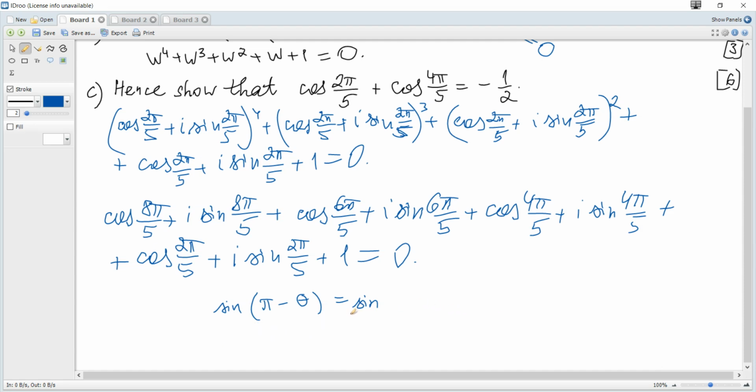So 2 pi here becomes 10 pi over 5. Sine of 8 pi over 5 is the same as sine of 10 pi over 5, it's 2 pi, a period, minus 2 pi over 5 to get 8 pi over 5.